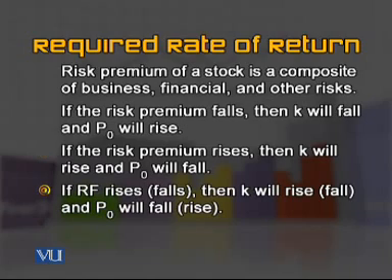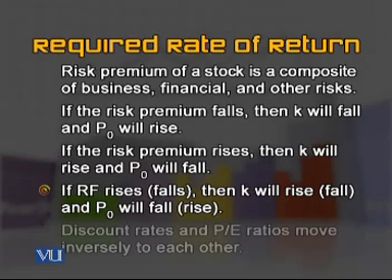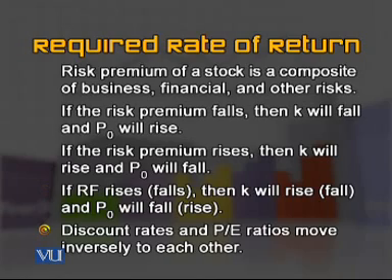If the rate of risk rises, then the rate of return will also rise, and fall vice versa. Now, the discount rates and price earning ratios move inversely to each other. They have a correlation of taking into account the discount rate.